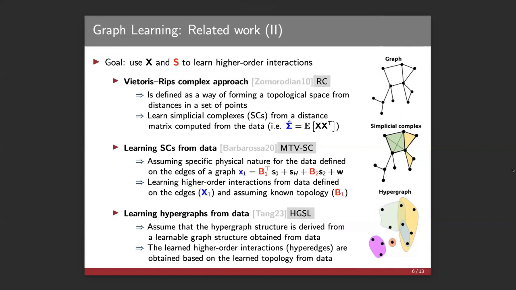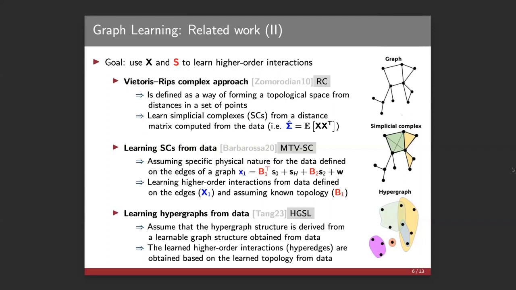The next kind of approaches are based on estimating higher order interactions, but they assume that we already know the graph, the pairwise interaction between nodes. They use that information in different ways to learn higher order interactions between nodes. I also highlight these three methods because I will compare against them in the experimental results.